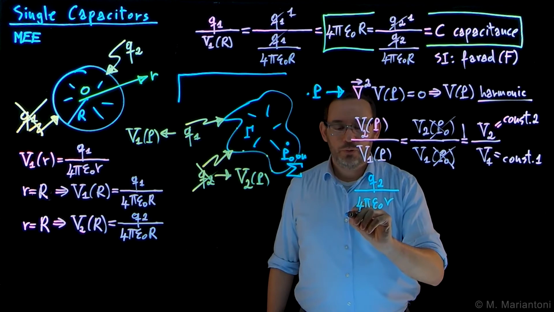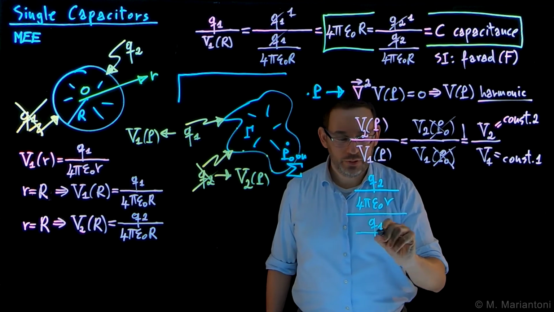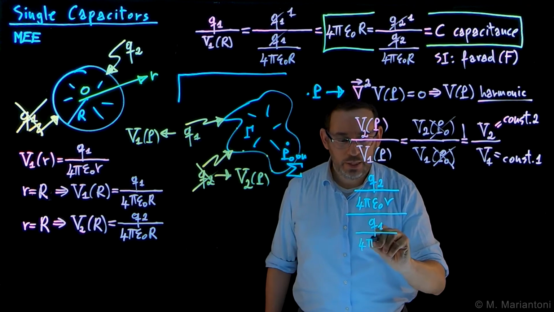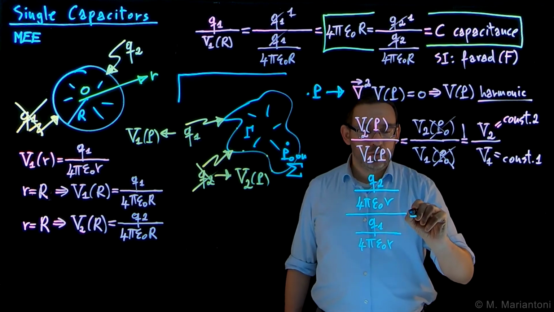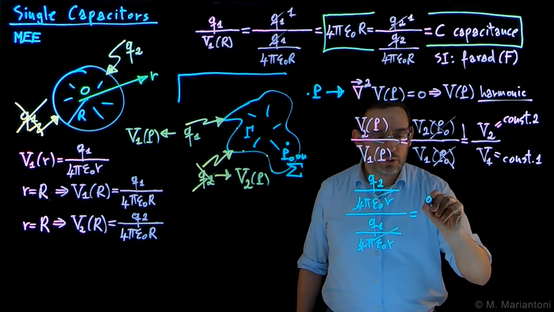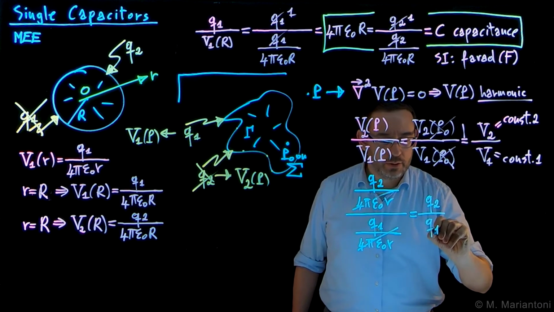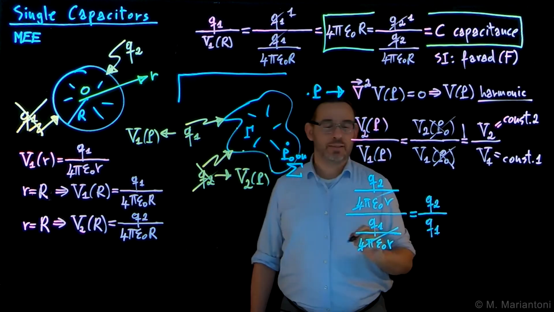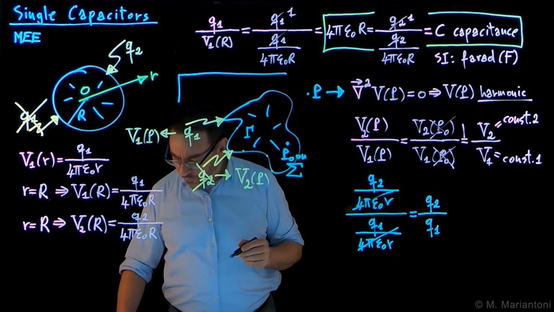And if I do the ratio between this and Q1 divided by 4 pi epsilon naught and again r, this quantity clearly gives me Q2 divided by Q1. Nothing more than that. So it's a constant quantity. All right, so this is actually very nice.